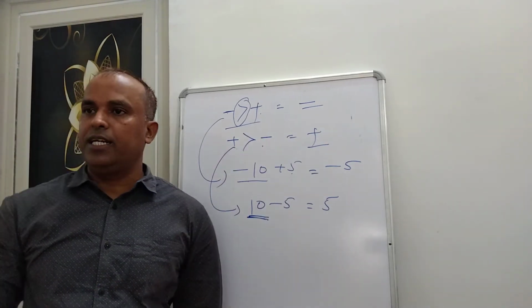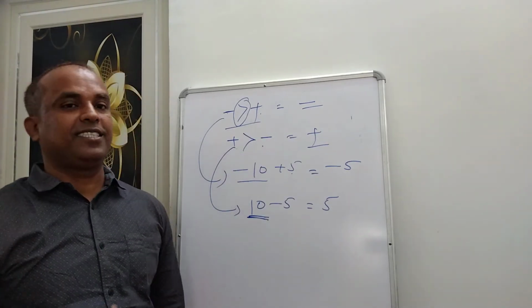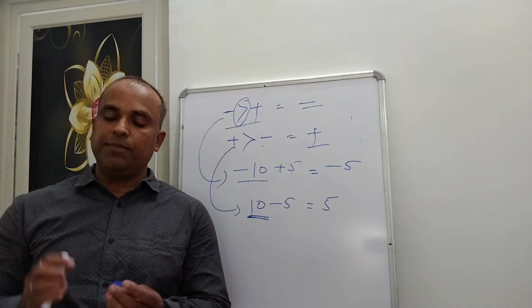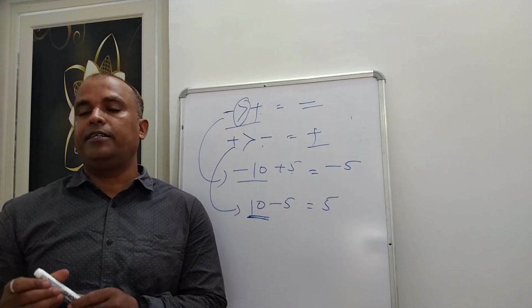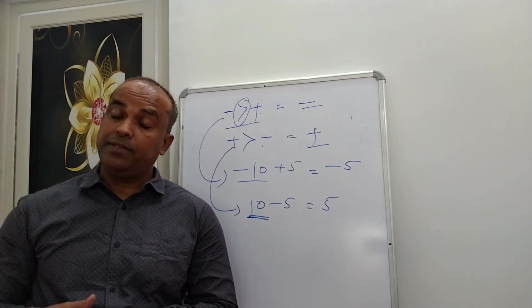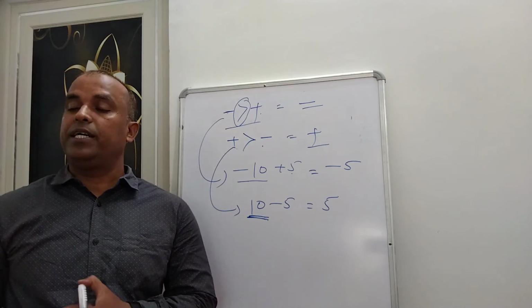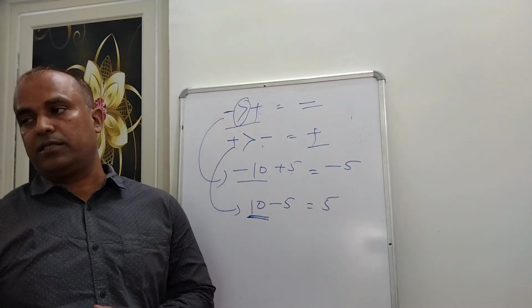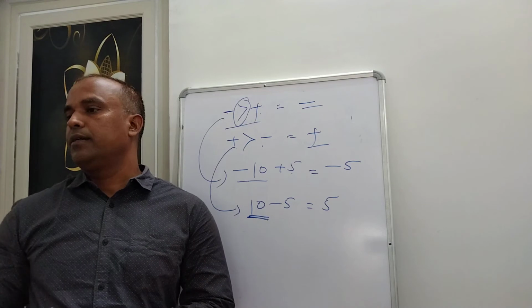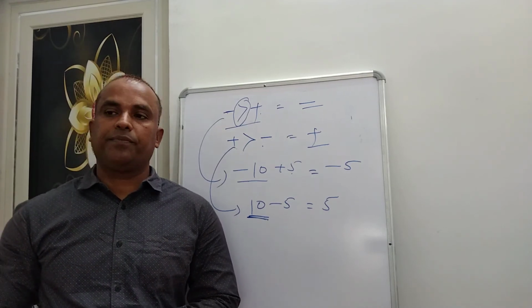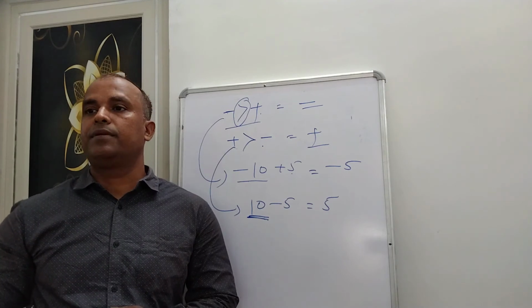Do you have any doubt till here? This is your sign concept part 2. In the next class, we will have the decimal concept. I will start the decimal concept in the coming class. If you have any doubt, please ask any questions. Do you have any doubt? Supriya? Lakshmi?